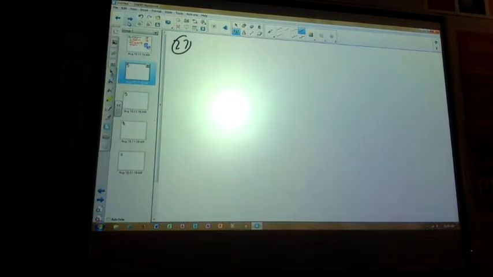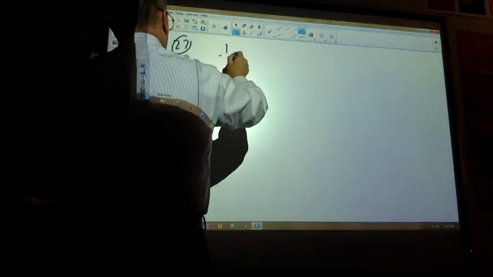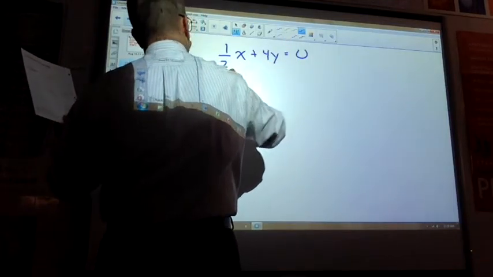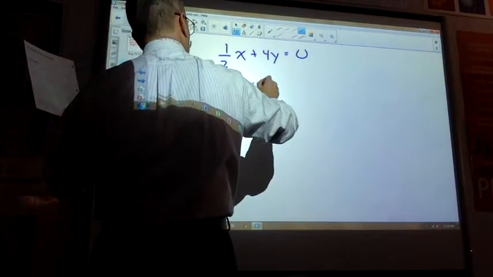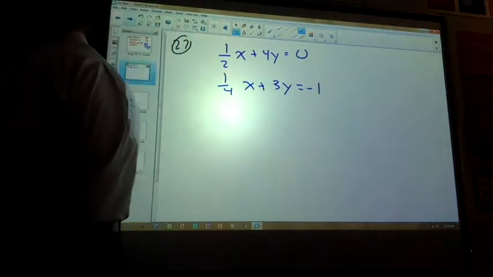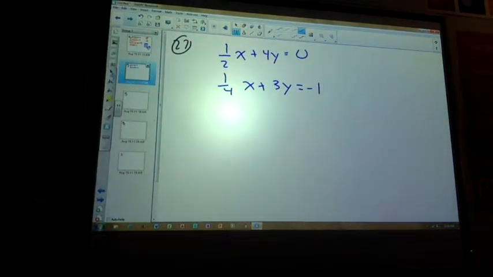27. We have, let's see, 1/2 x plus 4y is equal to 0. 1/4 x plus 3y equals negative 1. Solve each system. Okay. Honestly, I don't like how they're set up because I have a fraction in there.